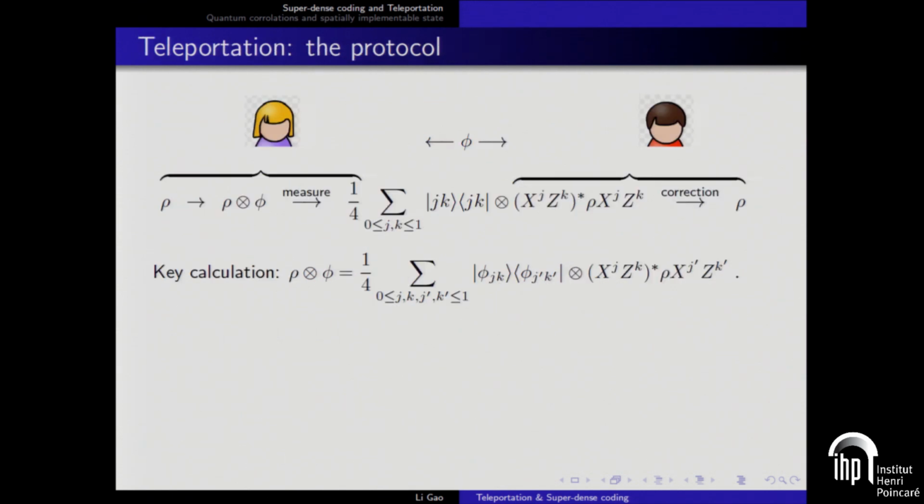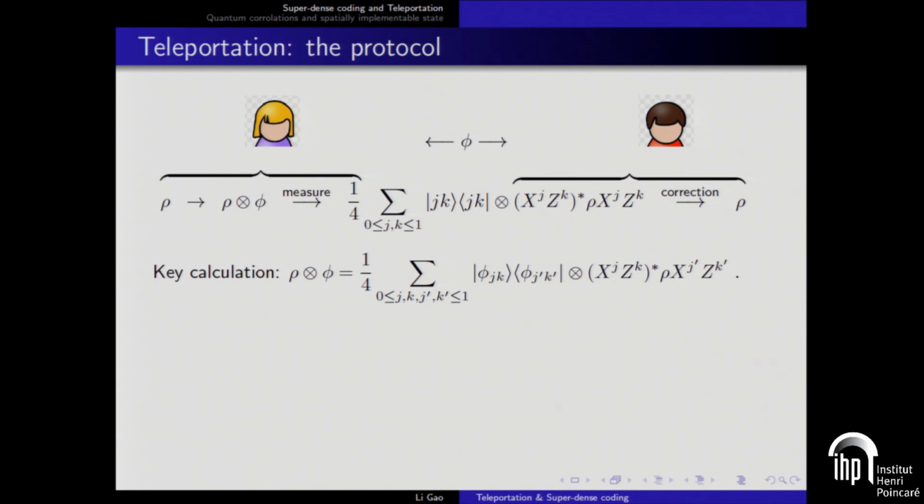Teleportation does the opposite thing, reversing the direction. Now Alice wants to send a qubit to Bob. What she will do is place the qubit she wants to send together with her part of the maximally entangled state and do a measurement, again, with respect to this maximally entangled basis.